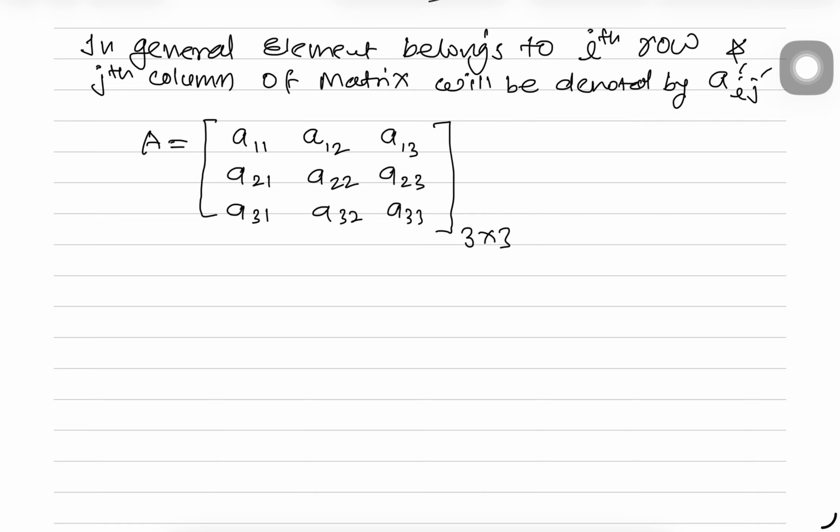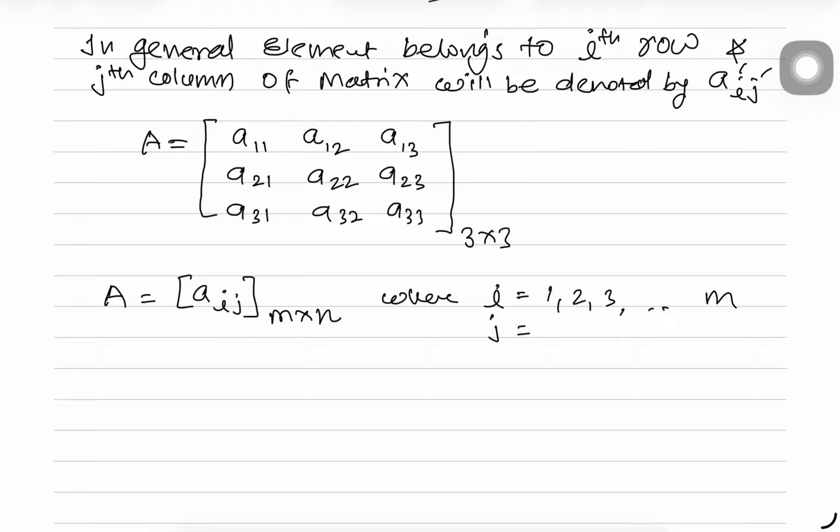So in general, we can write the definition of the matrices. A is equal to A of ij, of order m cross n, where i equals 1, 2, 3 up to m and j is 1, 2, 3 up to n.